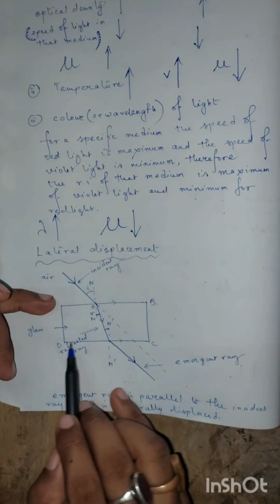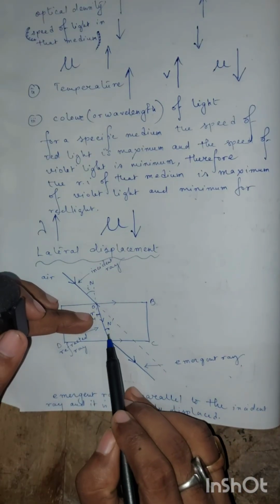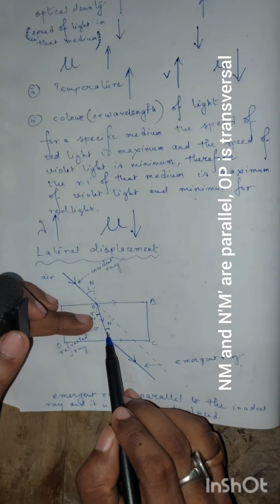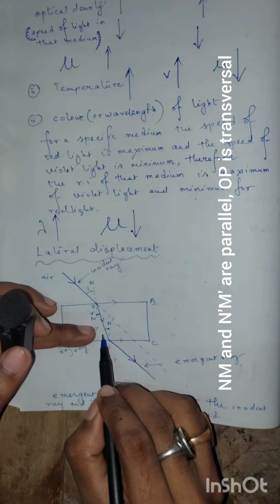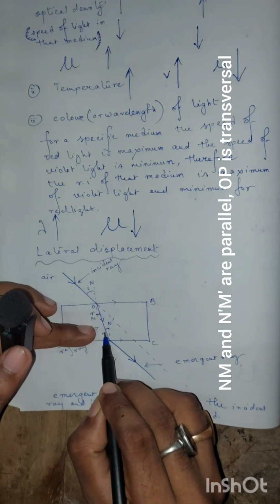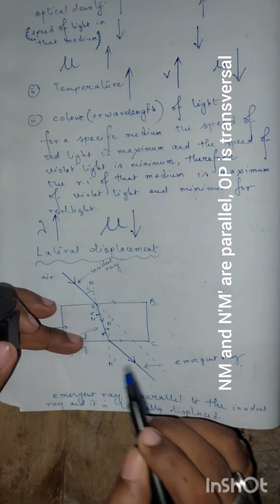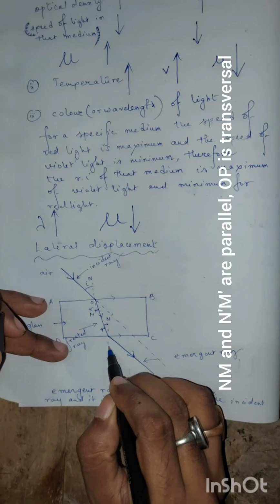Two parallel lines, one transversal. So alternate angles are equal. That means this angle is also R. Okay, and this is our angle of emergence.